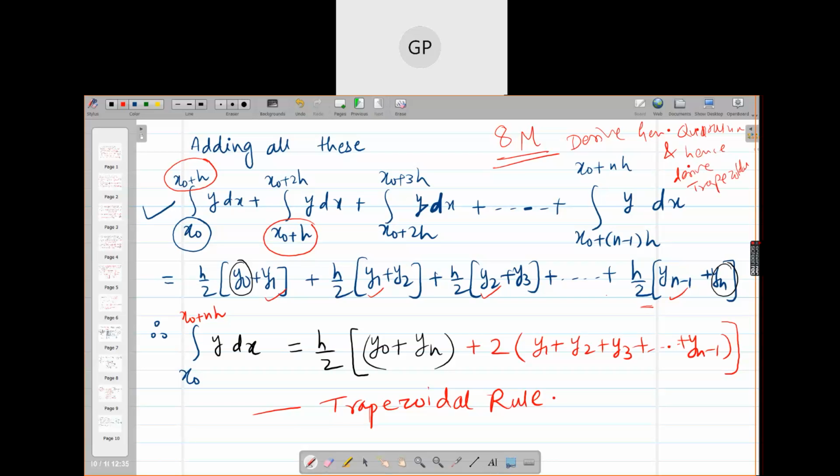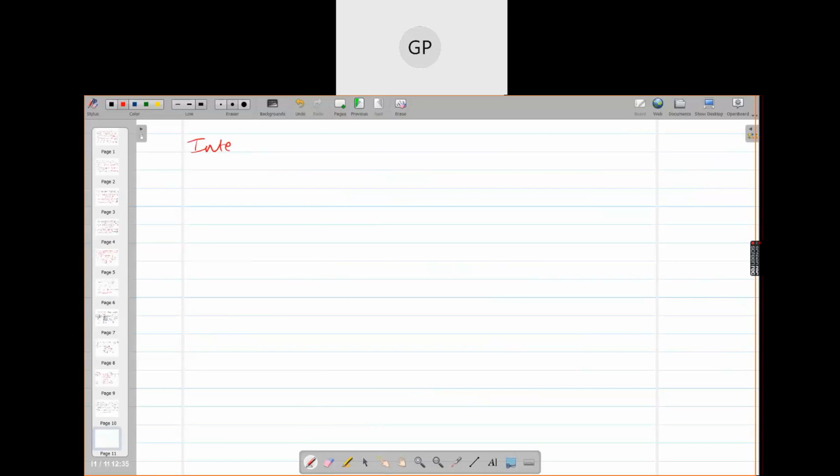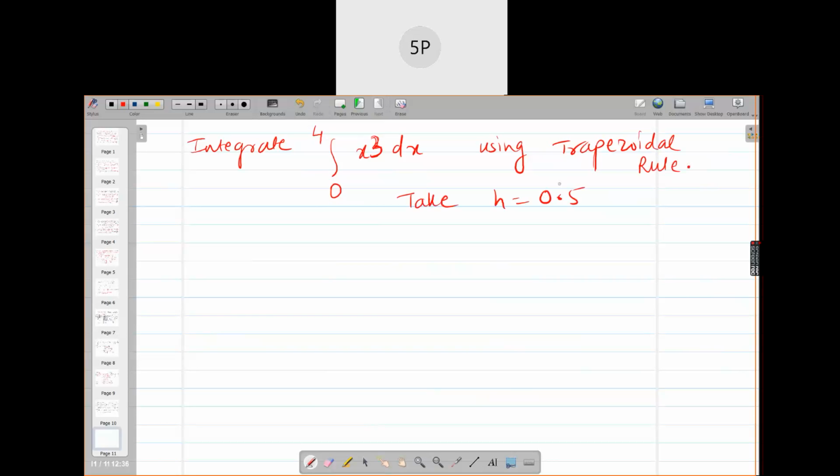Now we will have one example. I will take a very simple, easy example. Integrate x cube dx.